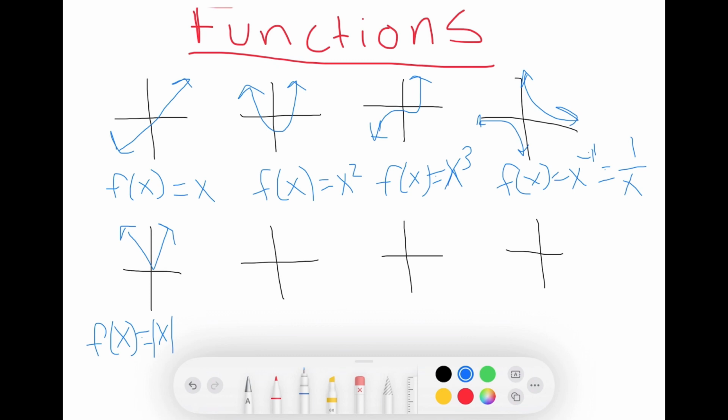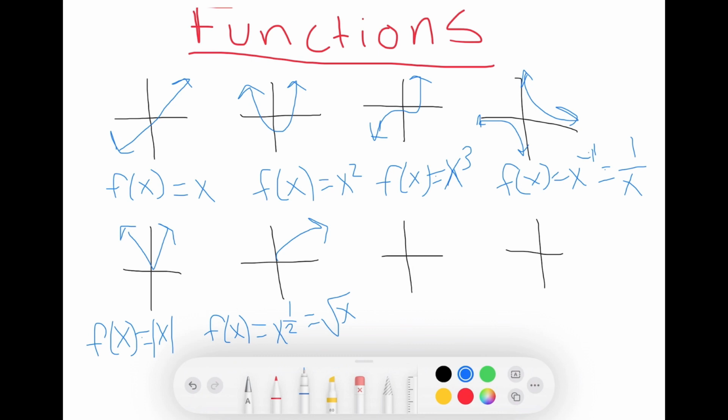Next we have f of x is equal to x to the 1/2, or you could say the square root of x. And that one looks like that. Next we have f of x. This is similar to the last one.